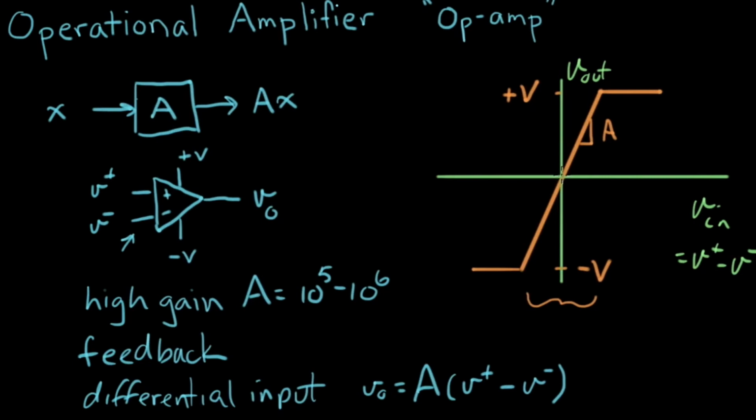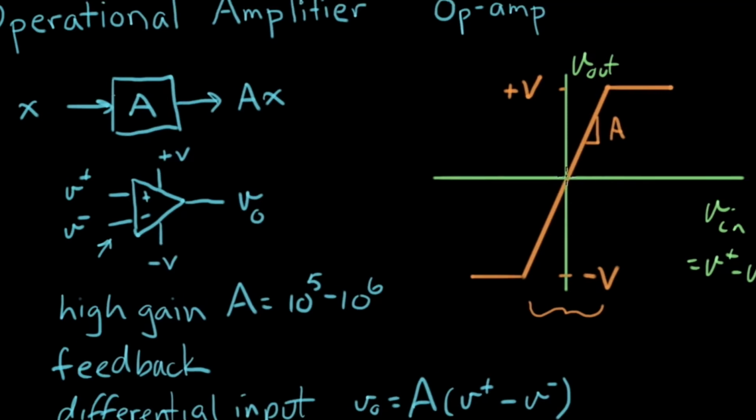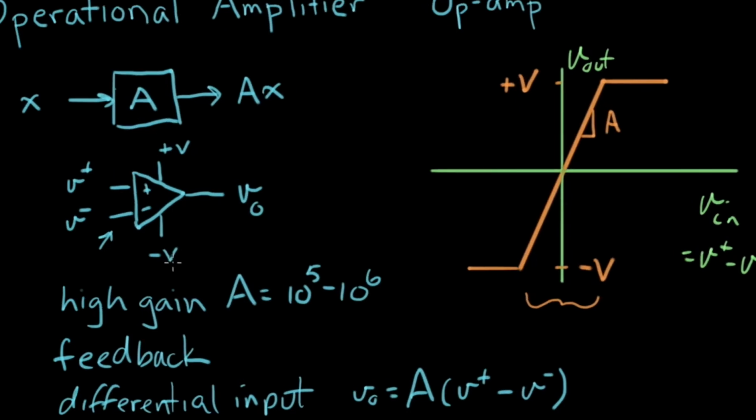So we get a line like this. It is going to be a very steep line, and the slope of that line is A, so the slope is going to be 10 to the 5th or 10 to the 6th, very nearly vertical.